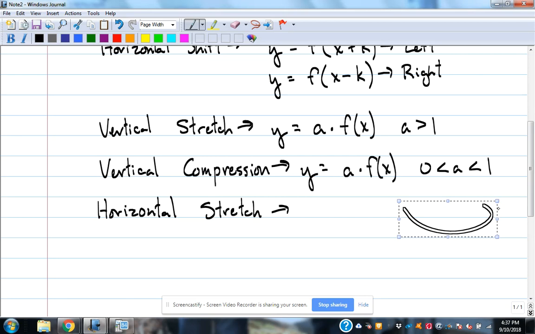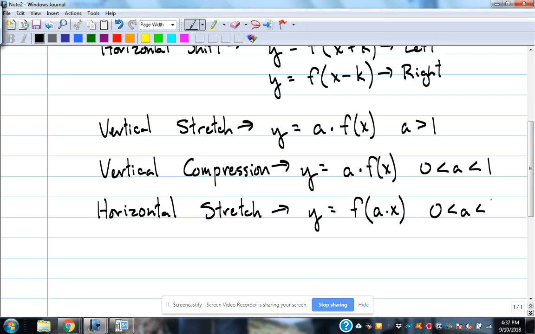Okay? Mathematically, what's happening with the equation is you're taking f and you're taking a number times x, or times the inside of the function. That number has got to be between 0 and 1. So it's a small fraction that you're multiplying by on the inside.